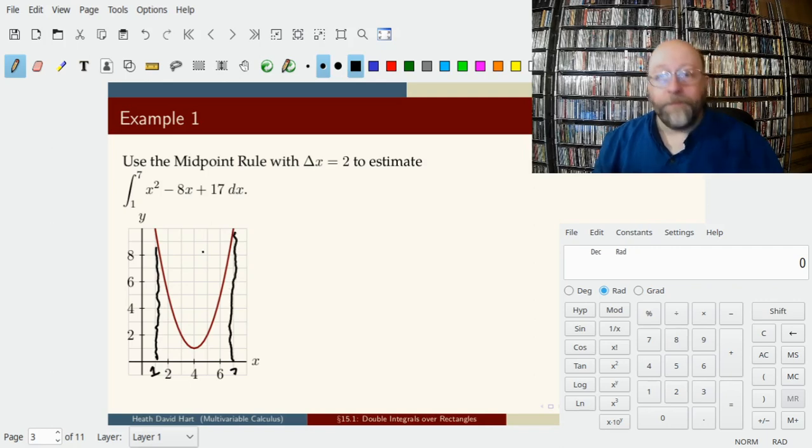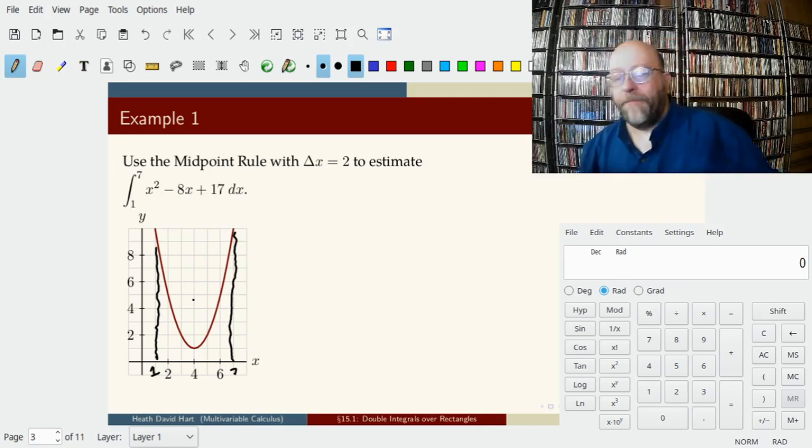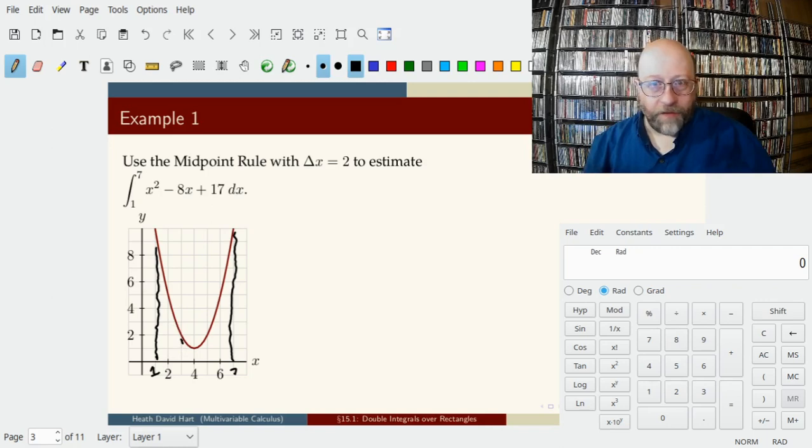There we go. I can't draw, but we'll give that a try. Use the midpoint rule with delta x equals 2. So our subdivisions are going to be 2 units wide. So we're going to go here at 3 and here at 5. And these are going to be our regions.